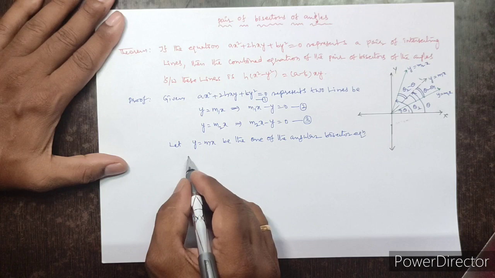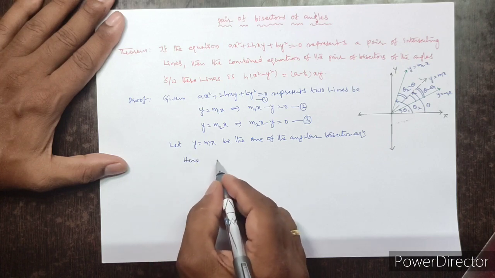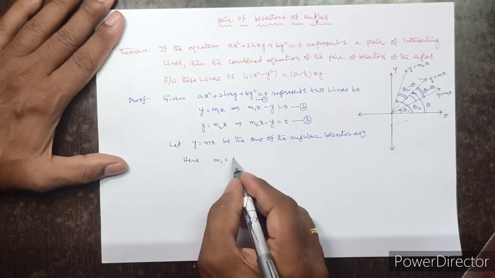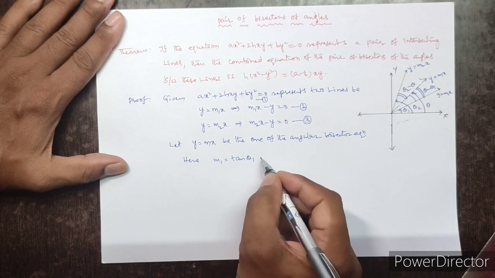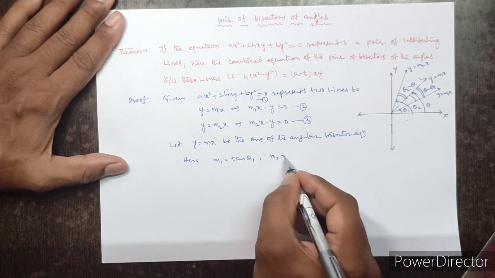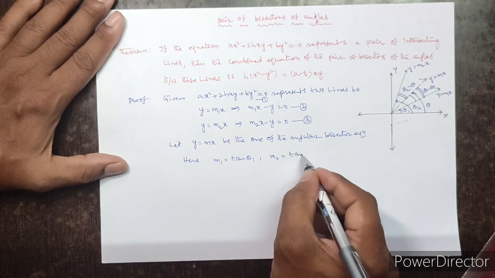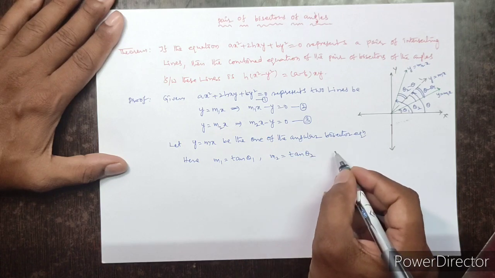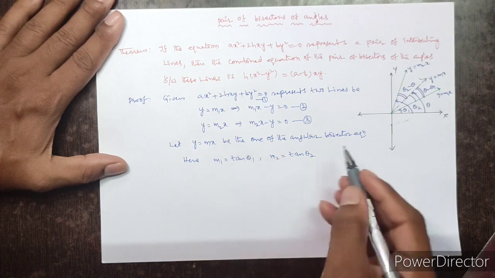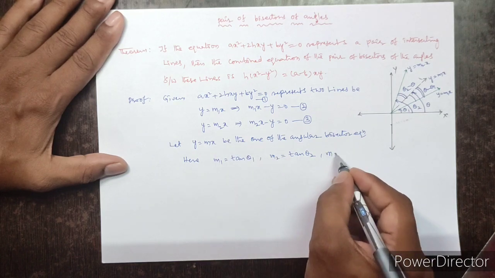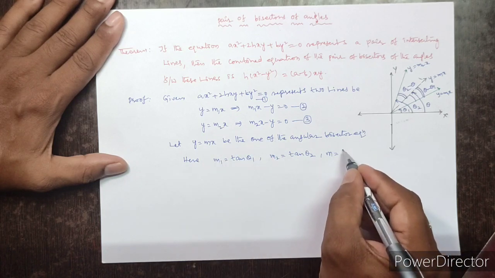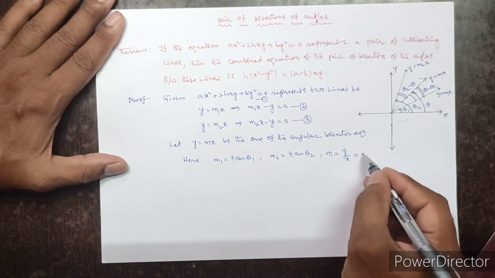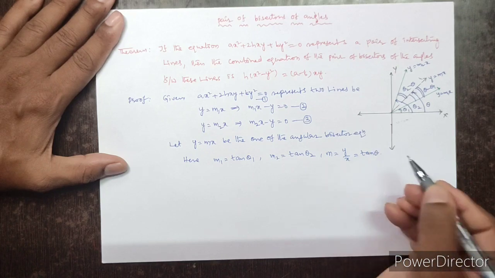Here m1 is nothing but the slope of y equal to m1x, that is tan theta 1, and m2 is nothing but tan theta 2 of the second line, and m equal to y by x is nothing but tan theta.